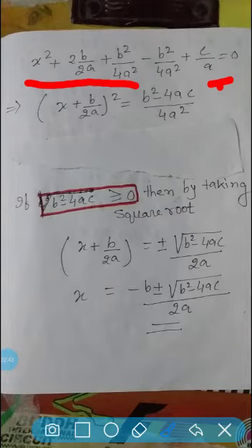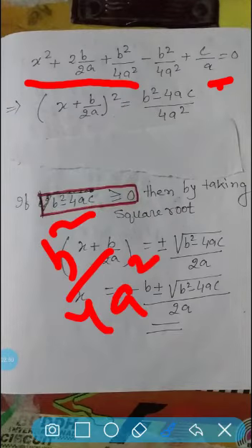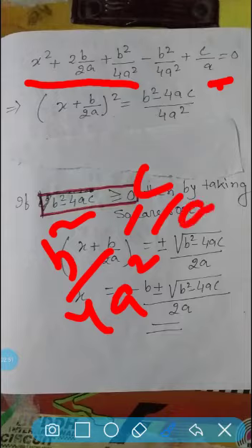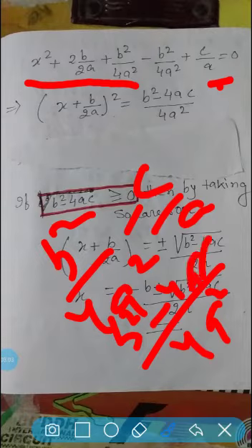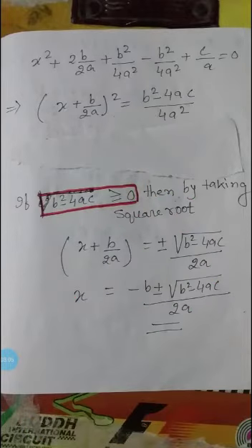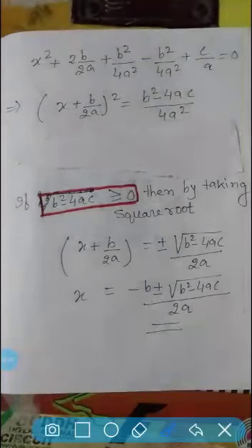This will go to that side. Here it becomes b square by 4a square minus c by a. You take 4a square as LCM. So it will be b square minus 4ac by 4a square. Is that okay? So after calculating we get this one.